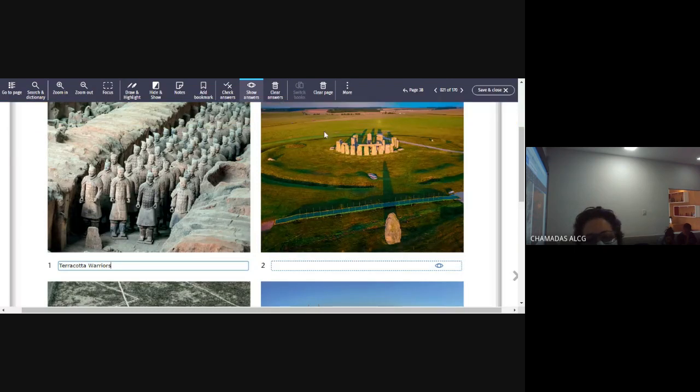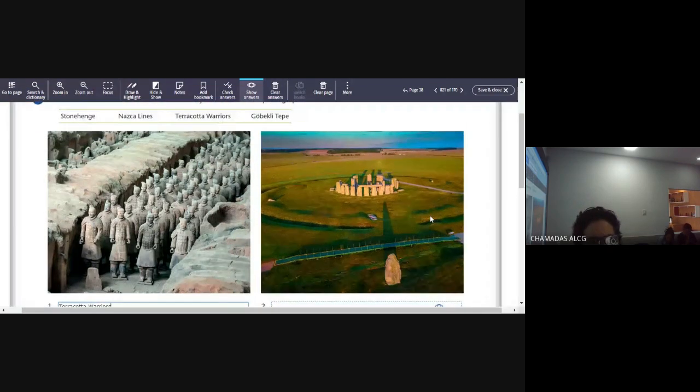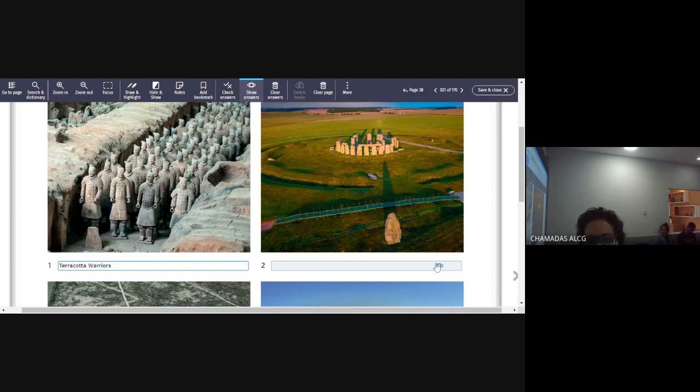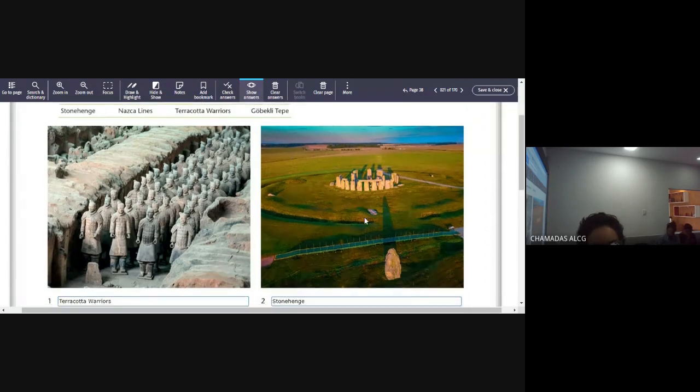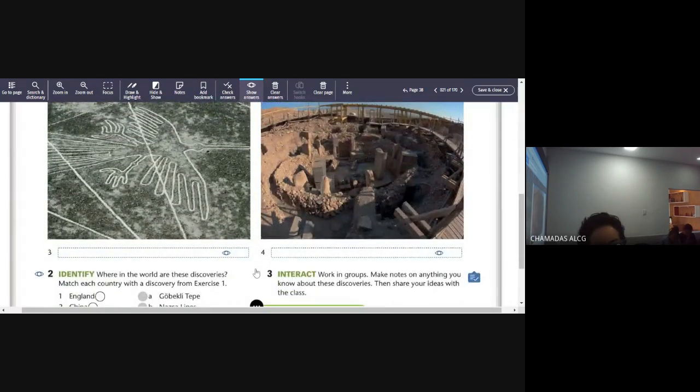What's the name of the second discovery? Stonehenge. Yeah, in England. Stonehenge. The next one. What do we call this discovery here? No, the Nazca lines.